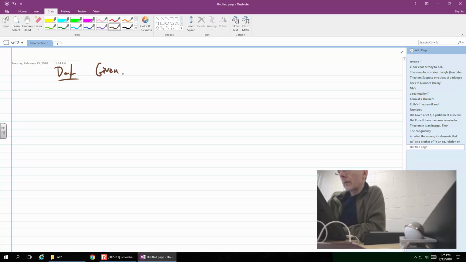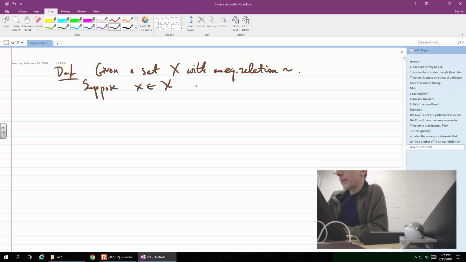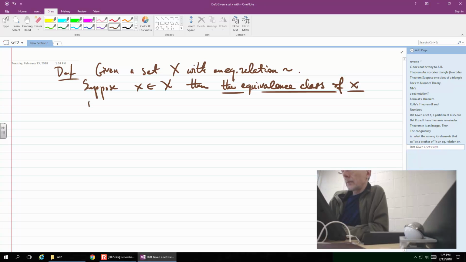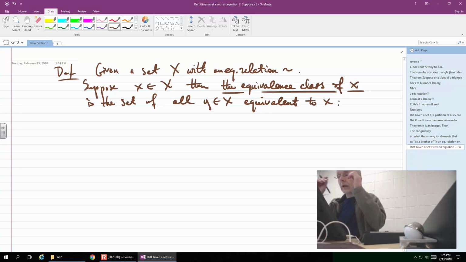So given a set X with an equivalence relation, and sometimes, by the way, there might be more than one equivalence relation on the same set, as we have already seen, suppose x is an element of X. Then the equivalence class of x is the set of all y's in X equivalent to x. Okay, so that's a simple idea, right?